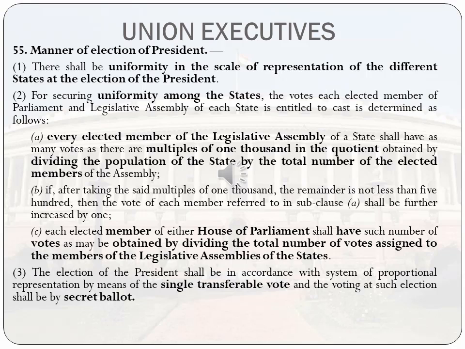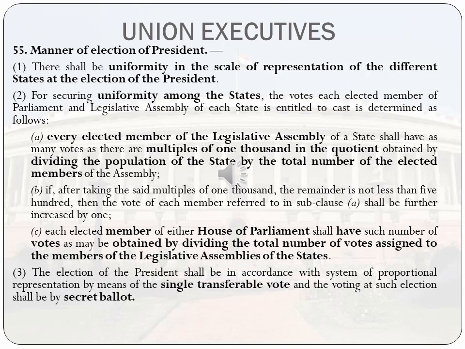Each elected member of either house of parliament shall have such number of votes as may be obtained by dividing the total number of votes assigned to the members of the legislative assemblies of the states by the total number of elected members of both the houses of parliament, fractions exceeding one half being counted as one and other fractions being disregarded.